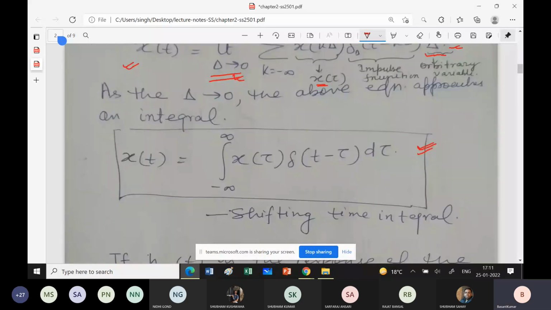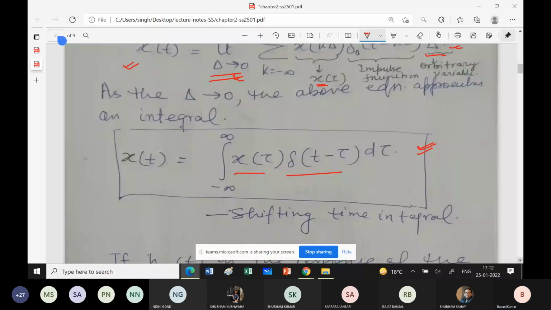So x(t) is now represented as the integration of x(tau) multiplied by delta(t minus tau) d tau, with the integration going from minus infinity to infinity. So this is a shifting time integral.